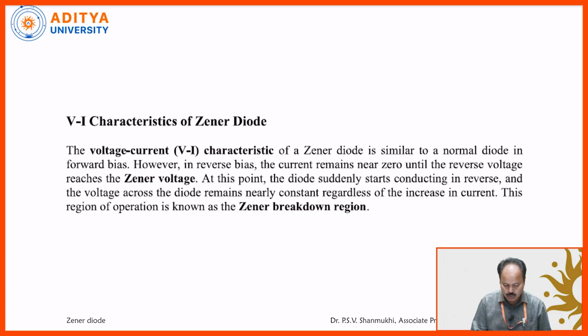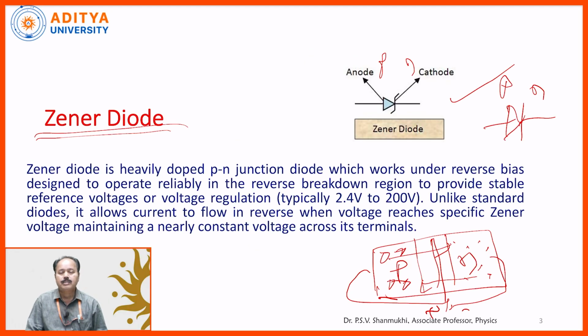Once again, coming to the Zener diode. A Zener diode is a heavily doped PN junction diode. It works under reverse bias especially, and under forward bias it works as a normal PN junction diode. Due to the heavy doping, there are more holes on the P side and more electrons on the N side, so the depletion layer width becomes very narrow.